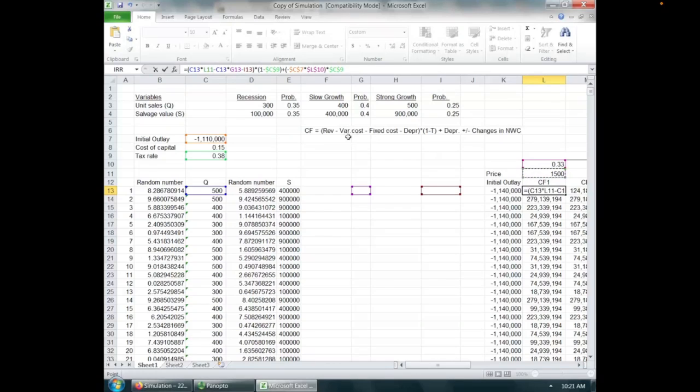Now let's subtract variable cost. So variable cost is 45% of revenues. So again, should be units times the price. Okay, so units times the price times 0.45 is going to be your variable cost. So this portion here is the variable cost.